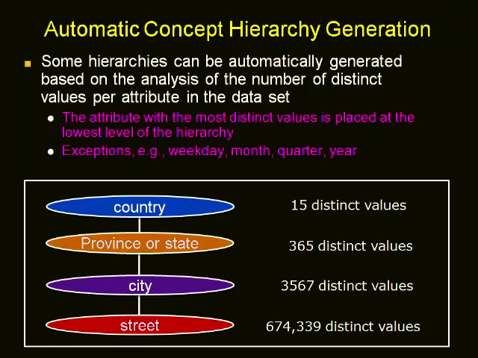So some hierarchies can be automatically generated based on the analysis of the number of distinct values per attribute in the data set. This way we can generate the concept hierarchy automatically by just computing the total distinct values for each attribute, placing the attribute with the maximum number of distinct values at the lower level and the attributes with fewer distinct values at the higher level.